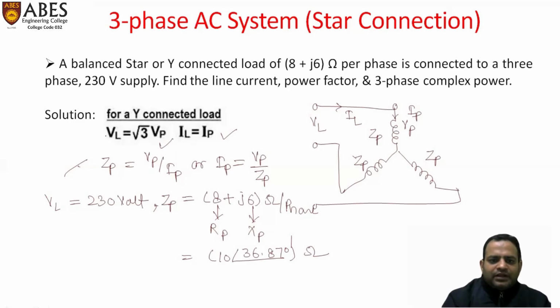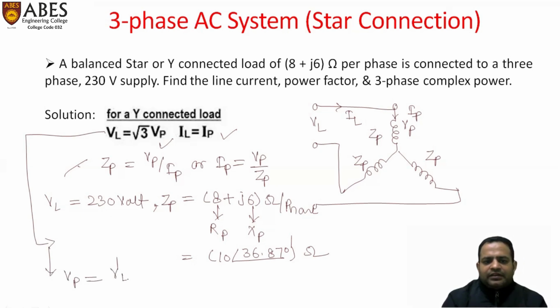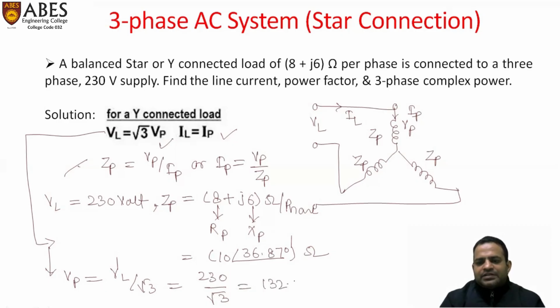So from this formula we can find out VP, that is VL divided by root 3. So this is 230 divided by root 3. After calculating, this is 132.79 volt.